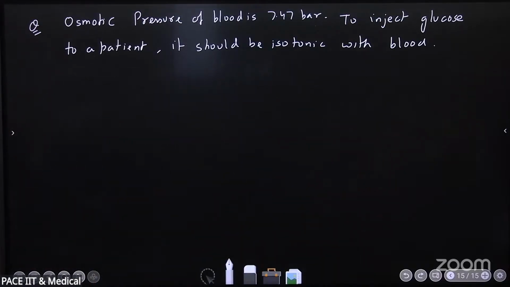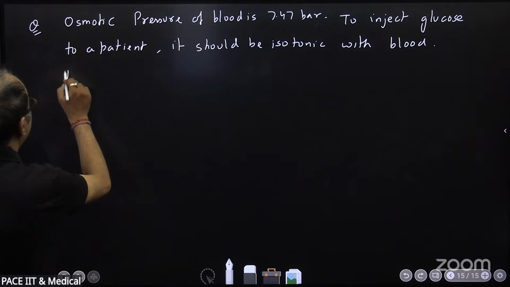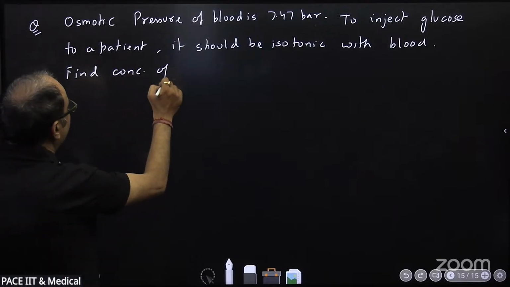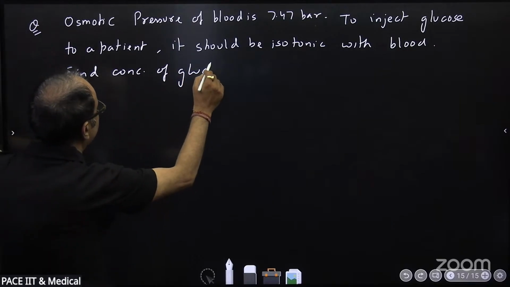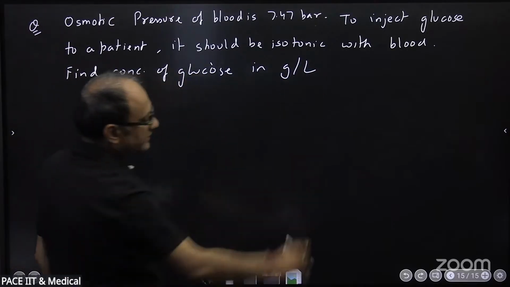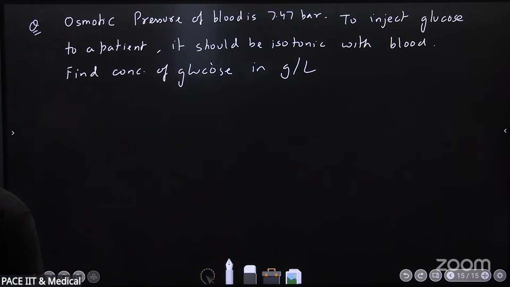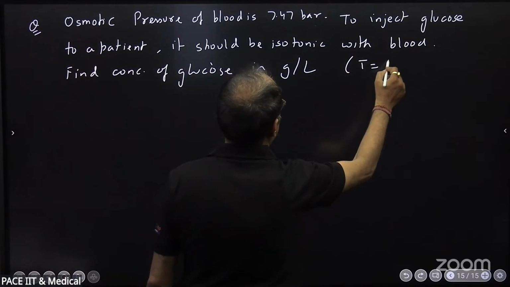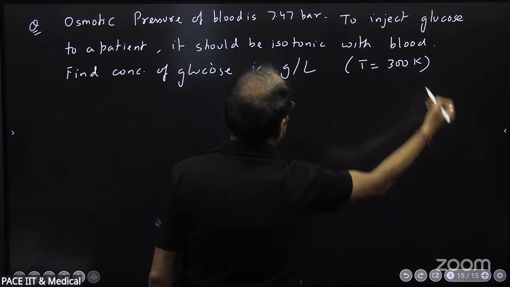Isotonic means two solutions whose osmotic pressure is the same. Find the concentration of glucose in grams per liter. In the solution, what should be the concentration of glucose in grams per liter? Temperature is given as 300 Kelvin.